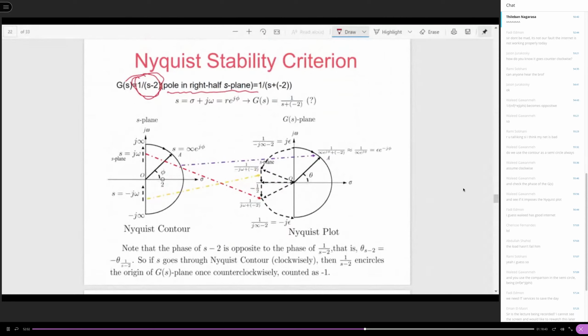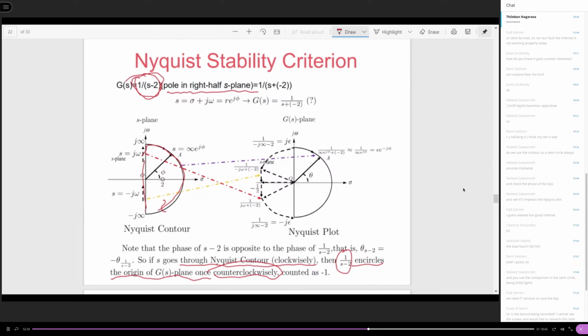If you let S go through this Nyquist contour clockwise, then this pole in the right half plane is going to encircle the origin of the G of S plane once, but this time counterclockwise.